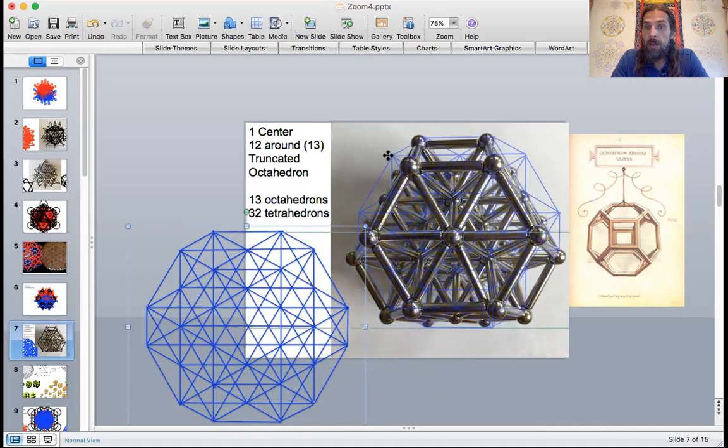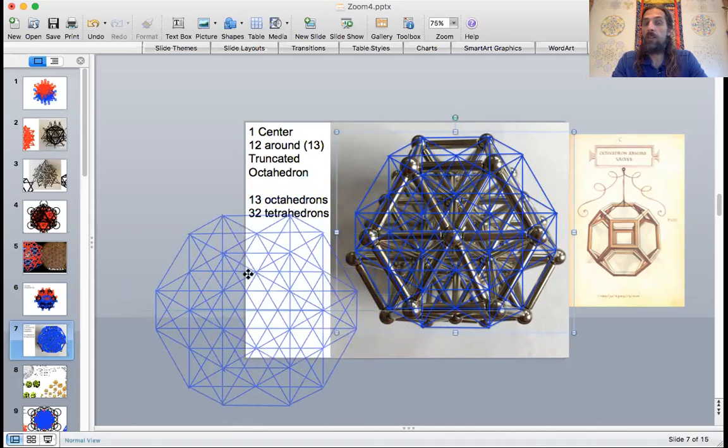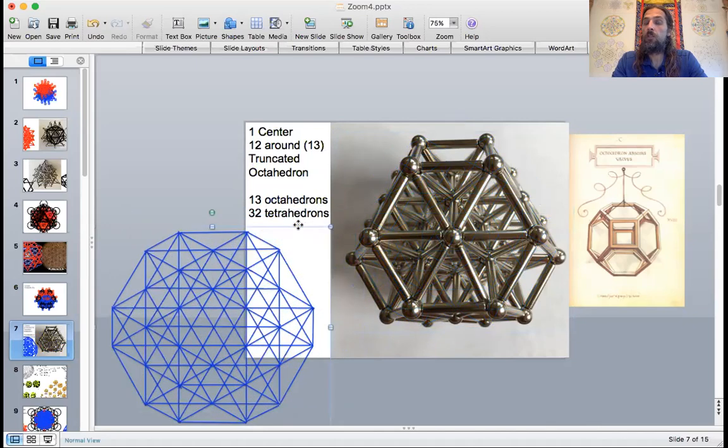When I put this on here, remember, it's not going to be a perfect fit because of that depth perception thing. I'll put it on the Flower of Life in just a moment. This is how it's going to fit up over top of that, looking down. And these hexagonal faces are going to match up like so. So this is made up of 13 octahedrons that have come together: one at the center, 12 around, and it also contains 32 tetrahedrons.